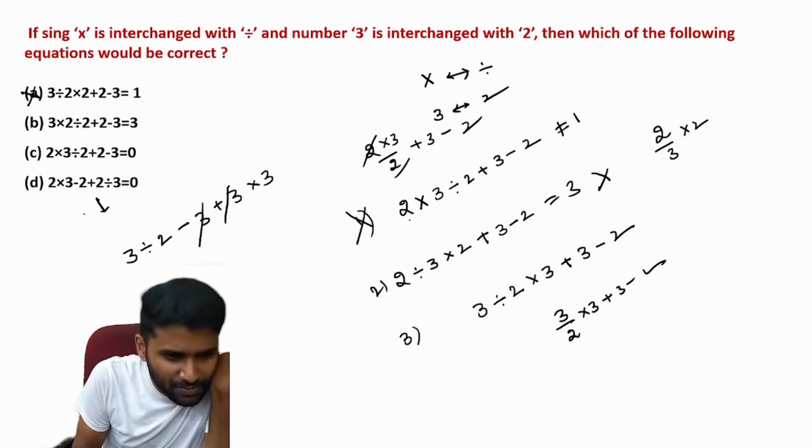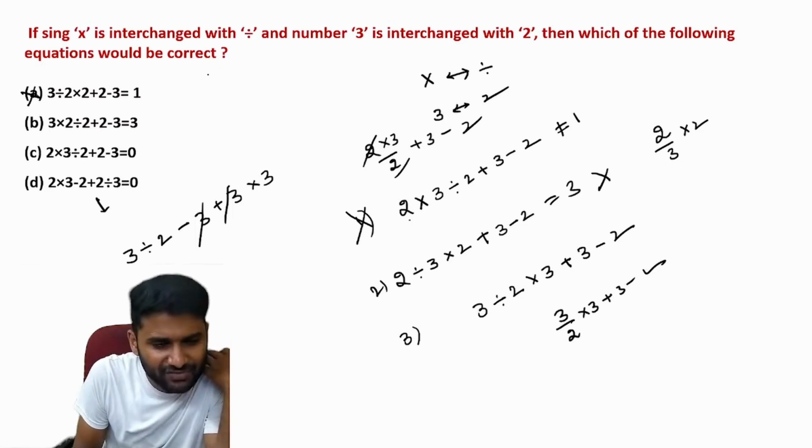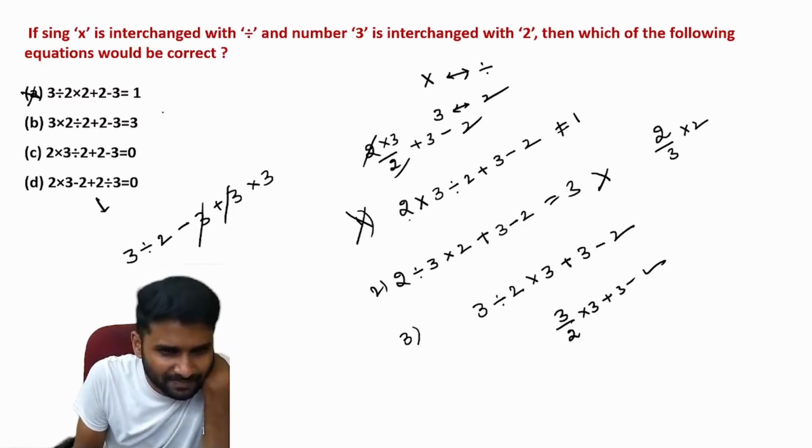Let's check with option D. Its multiplication is interchanged with division. 3 divided by 2 minus 3 plus 3 into 3. Plus 3 minus 3 cancel. 3 divided by 2 is equal to 1.5.